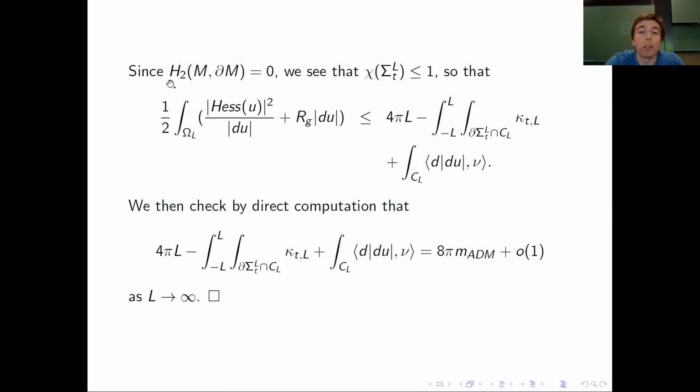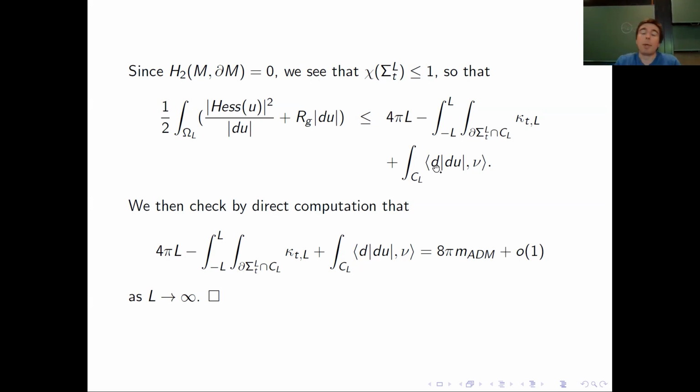Okay, or it could be closed, right? So we have one component, and that's right, it has to meet the boundary. Okay. So in particular, the Euler characteristic is at most 1, right? And so we get this bulk integral is bounded from above. Well, our Euler characteristic terms become 4 pi times L, and then minus these extra boundary terms.